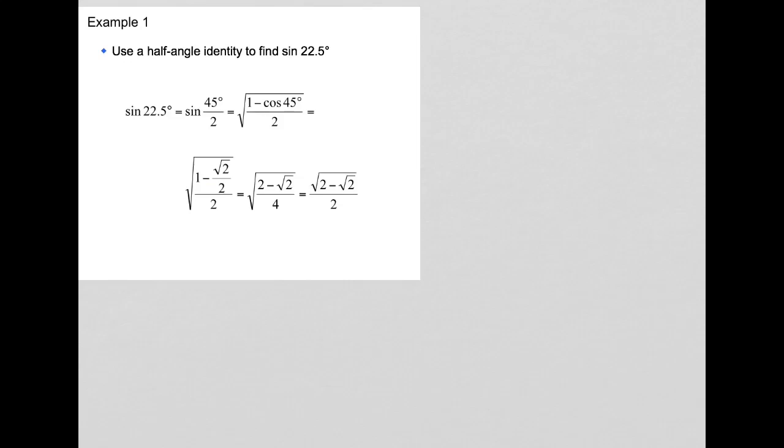The first thing you need to do is look at the angle that's given to you, this 22.5, and say 22.5 is half of what angle? Or you can look at it another way, 22.5 times 2 is equal to what? Well, that's equal to 45 degrees.